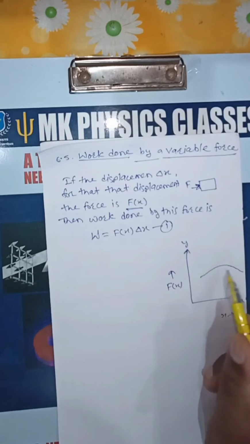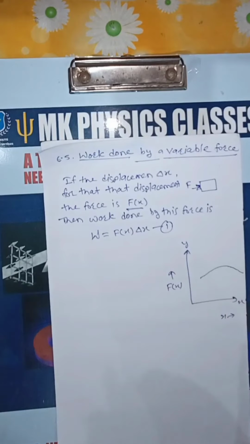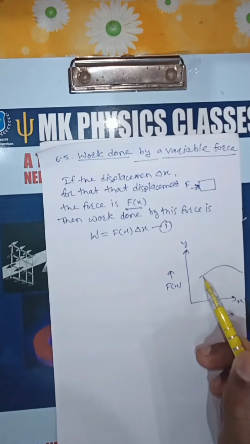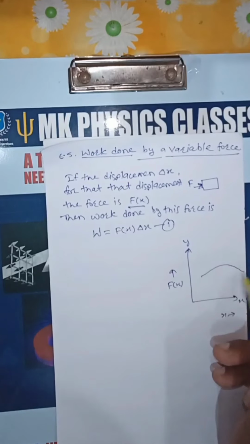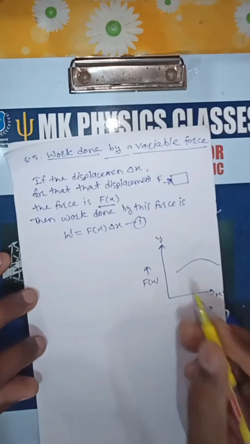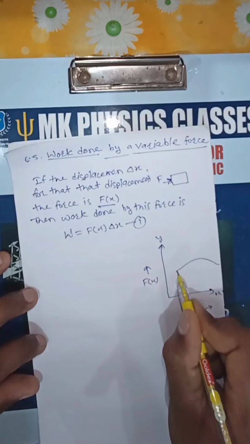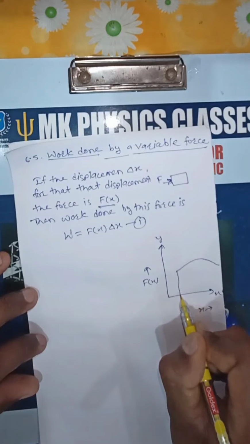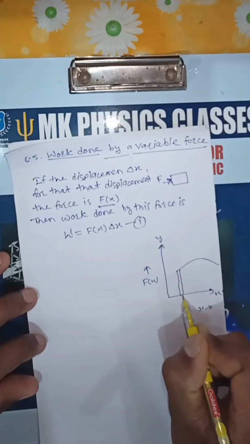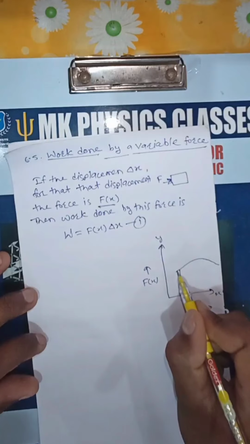In that case, this is the graph between displacement and force. The force is along the y-axis, and the applied force varies. See here, if you consider a small displacement delta x, this is the force.